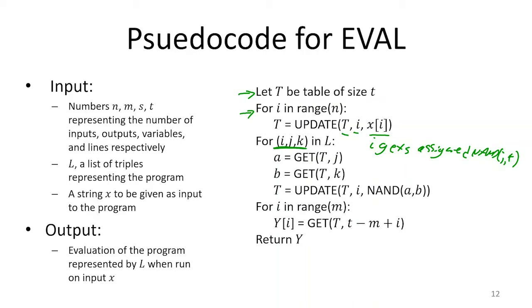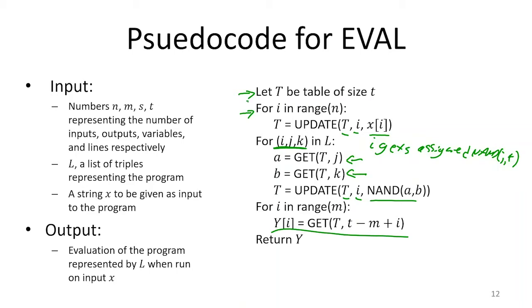So I'm going to get the value of variable j by looking up j in the table, and the value of variable k by looking up k in the table. Then I'm going to change the value of i in my table so that it's the result of doing our NAND with those two other values. And then our outputs are just the last m bits.